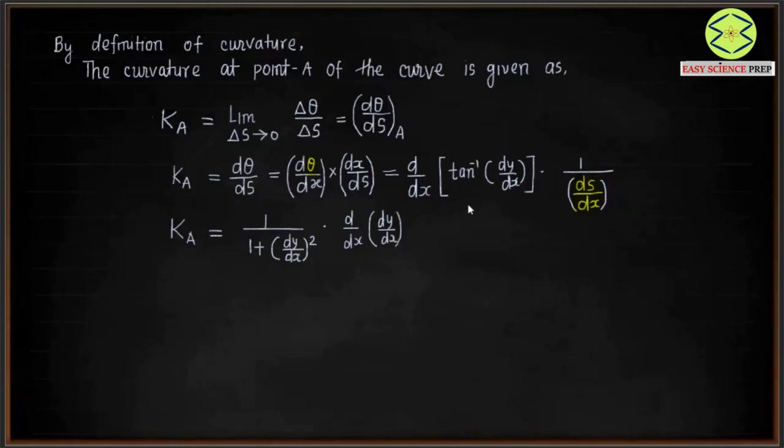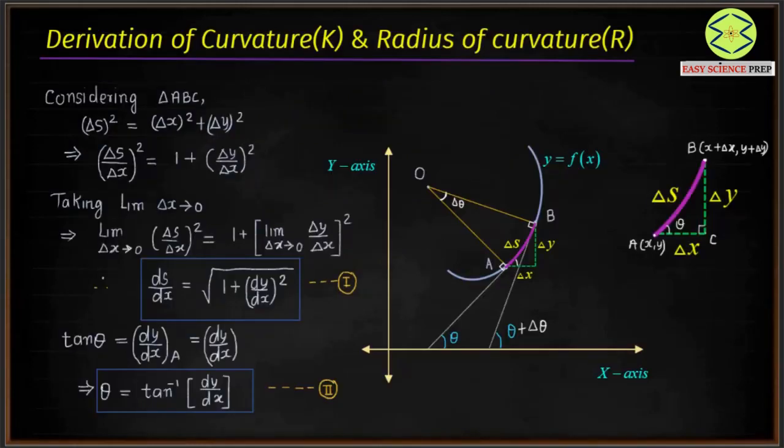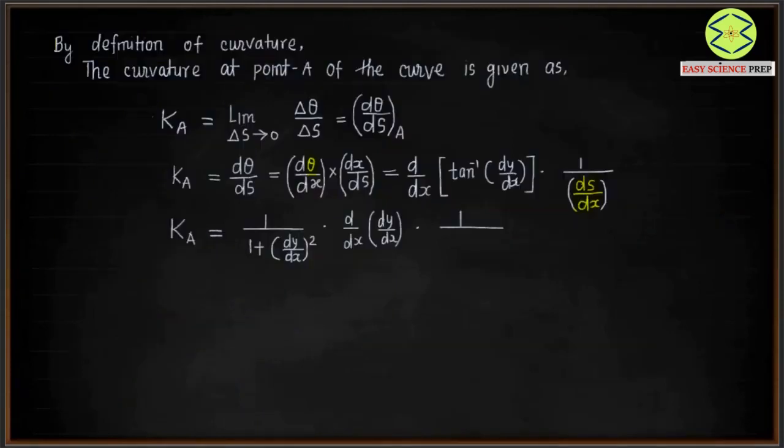This is the first part we have done up to here, and the other value we have already calculated, which is nothing but 1 divided by square root of 1 plus dy by dx the whole square. That's very simple now. We just have to simplify this to get the final expression of curvature at a given point A.